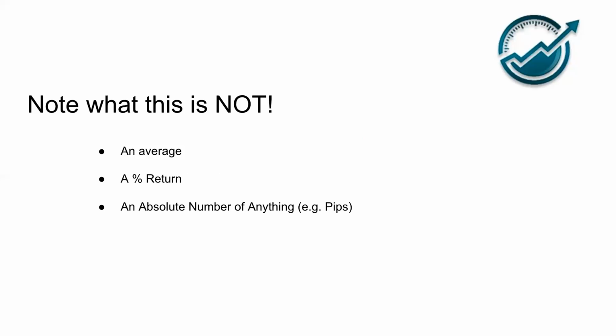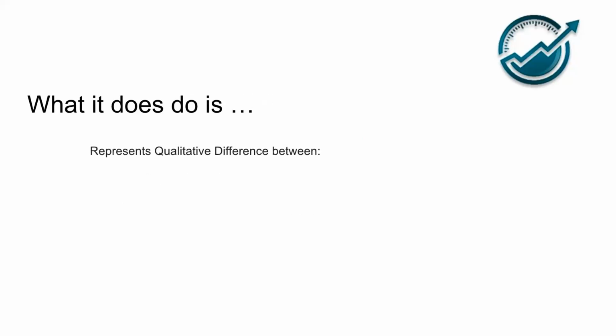All right, so it is really, really important to understand what we're not doing here as well as what we are. I've mentioned the qualitative difference already between positive returns and drawdowns and how essential it is to recognize that there is a big difference between, let's say, a 10% account growth and a 10% loss.